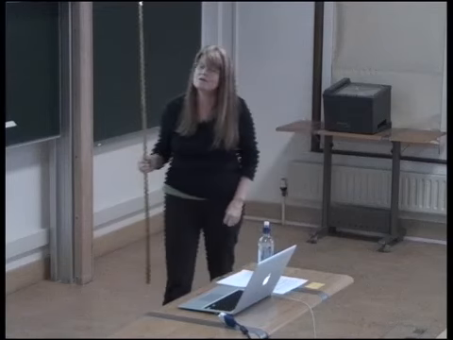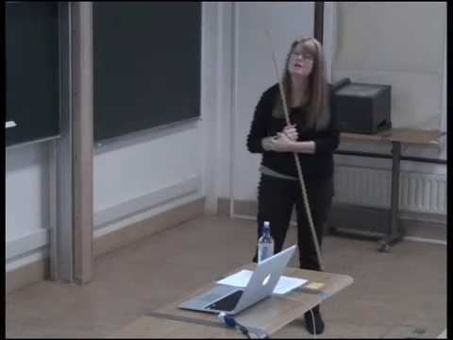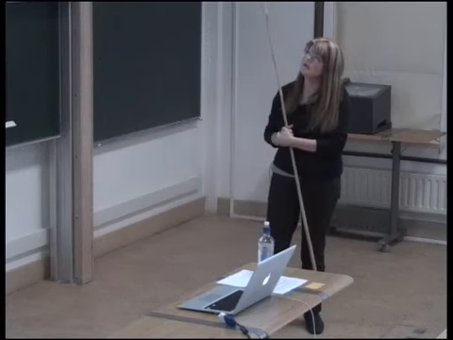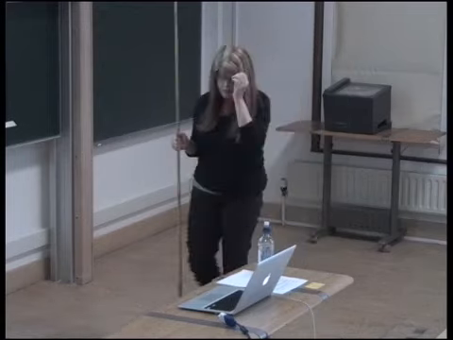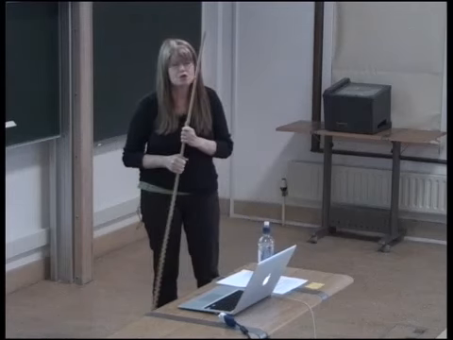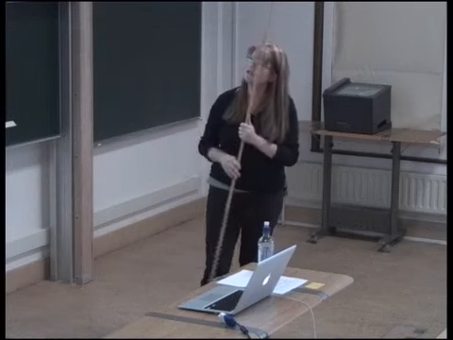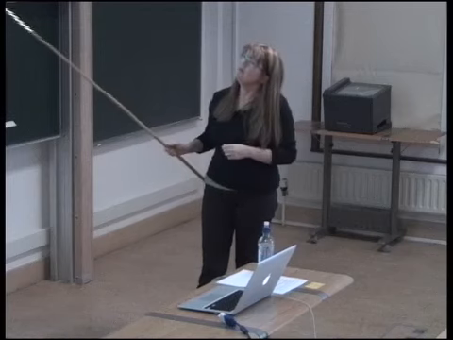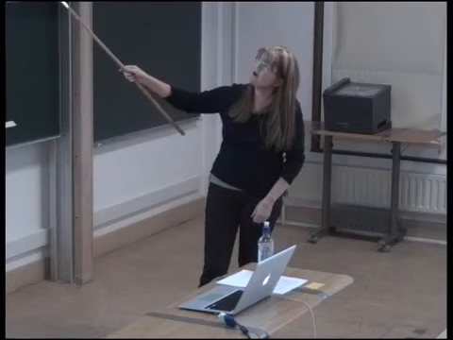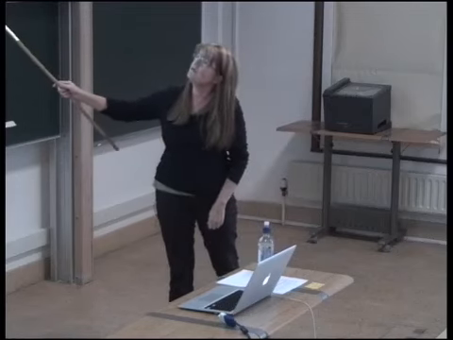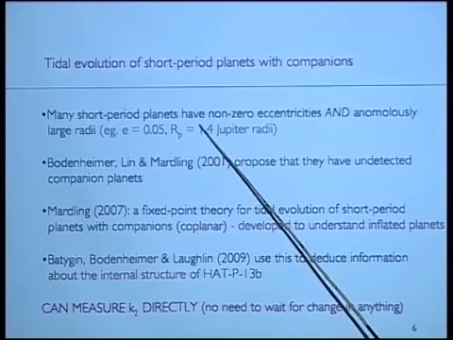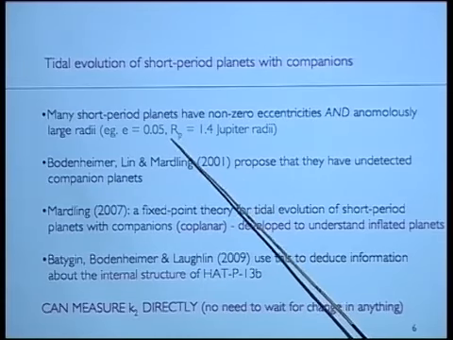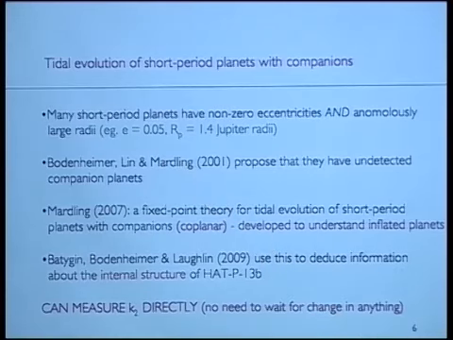I don't know, it's all very confusing, but let's just assume for the sake of this story that the system I'm going to tell you about today would be circular if it didn't have a companion planet. But many of these things with non-zero eccentricities have anomalously large radii as well, and that's a typical radius of these hot Jupiters that have non-zero eccentricities.